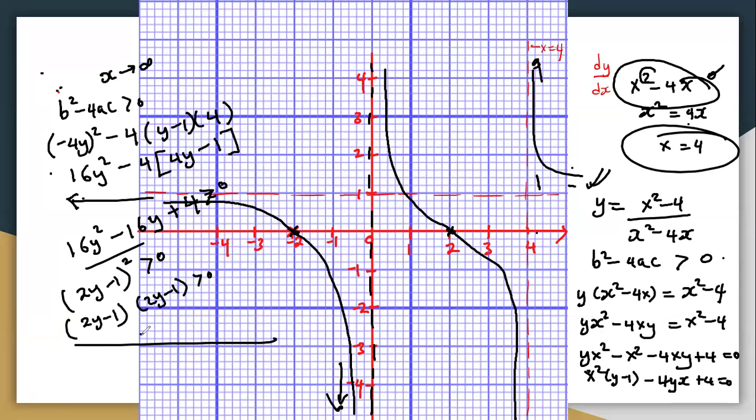So it means that if you want to get such a region, you will first solve 2y minus 1, which is 2y greater than 1. Okay, y greater than a half.